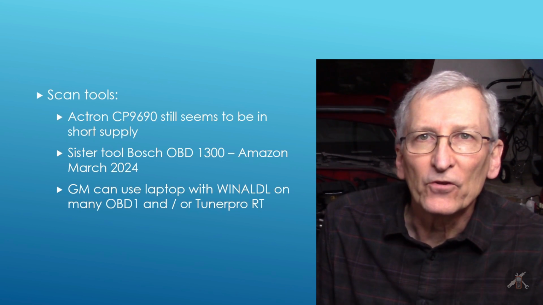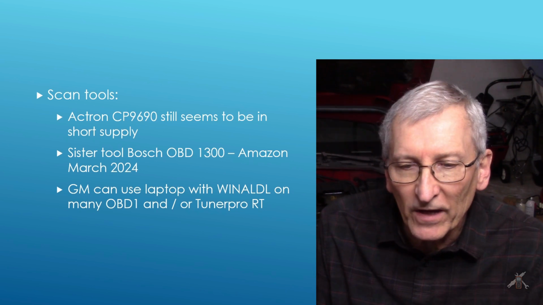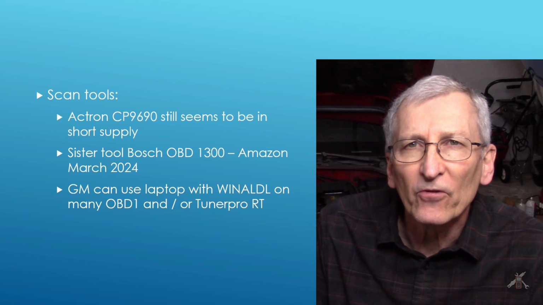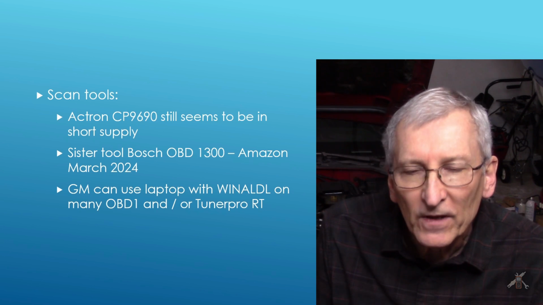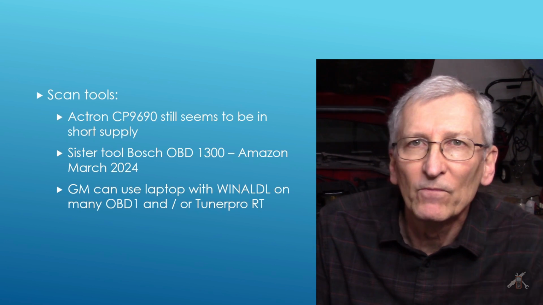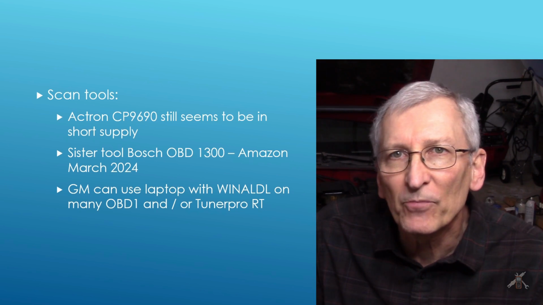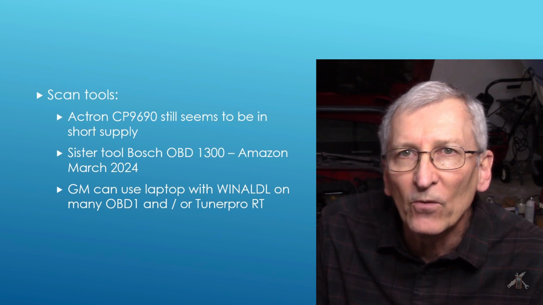Now, the tool I have, the CP Actron 9690, they were on the market for a while, but I see this is March of 2024, and I was looking before I started this video, and they seem to be on short supply again. I don't quite know why.